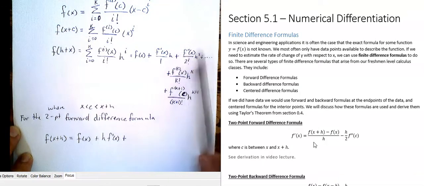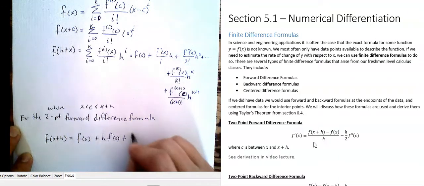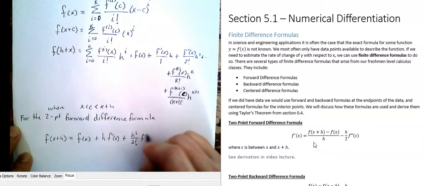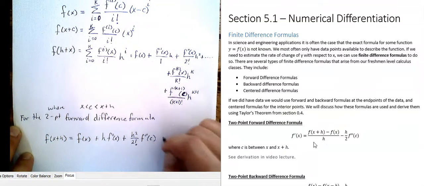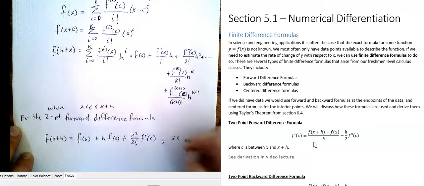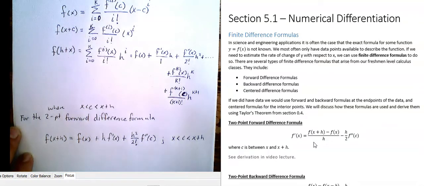This will be our error term here. So let's say h squared over 2 factorial times f double prime at c. Again, c is between x and x plus h.